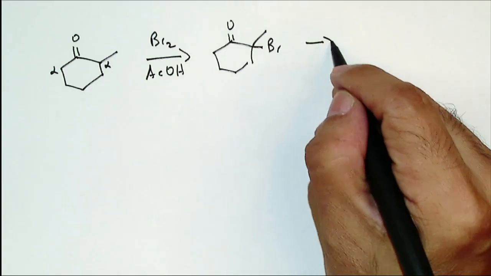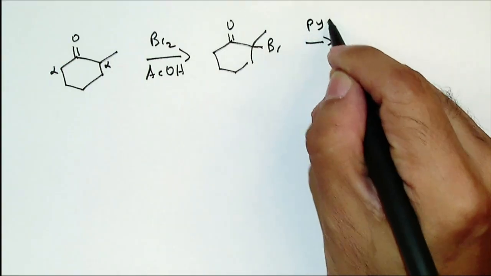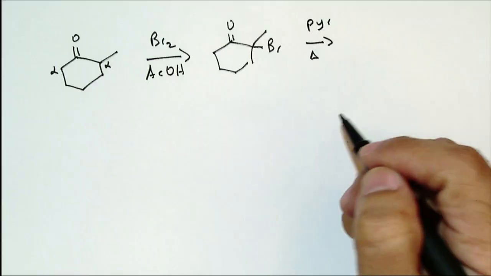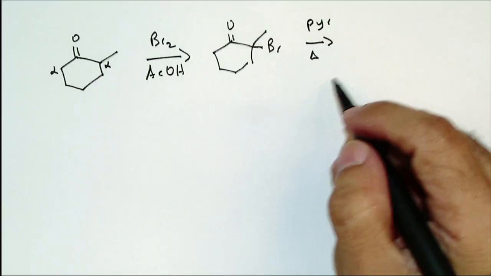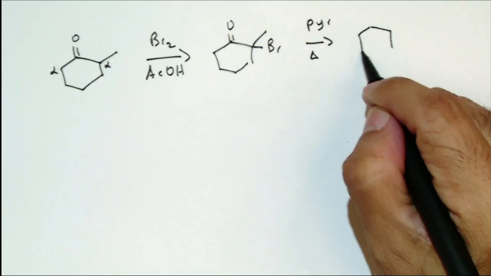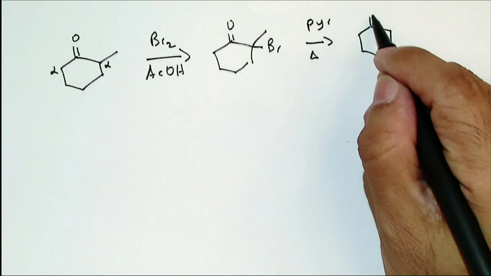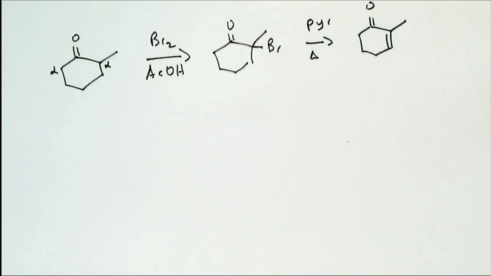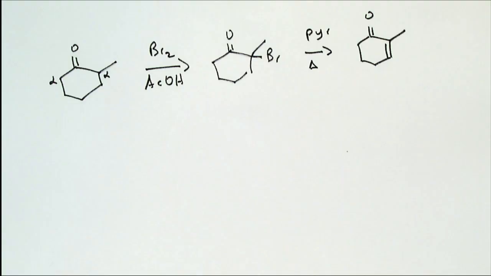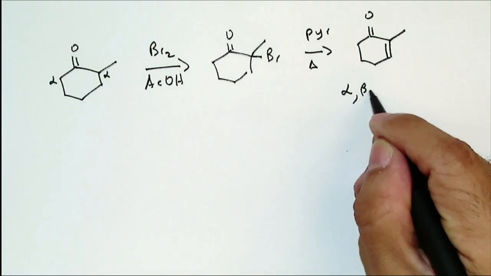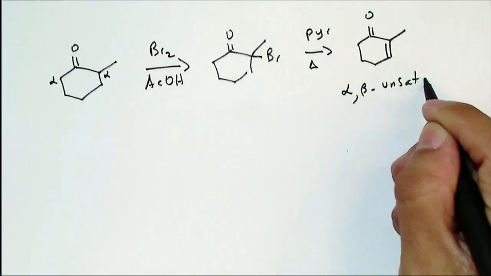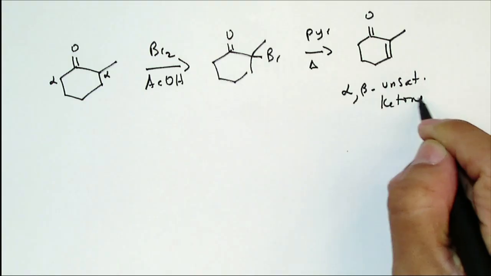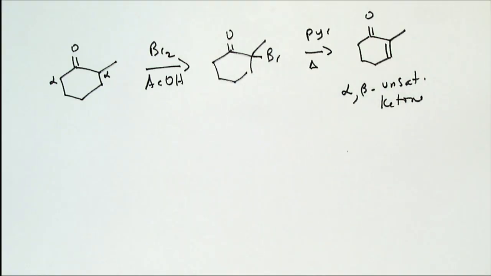So for example, if I were to add pyridine, which you all know is a base, warm this up, what's going to happen is I'm going to get dehydrohalogenation to yield an alkene, and the alkene that you're going to get is that one following Zaitsev's rule, which of course is an alpha beta unsaturated ketone that we're making here. So that's one of the preferred ways of making alpha beta unsaturated ketones.